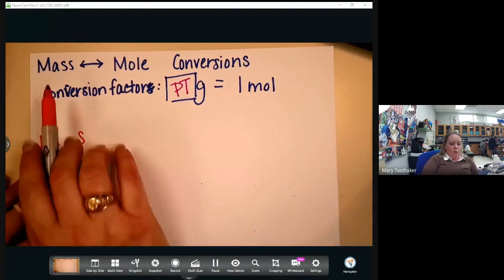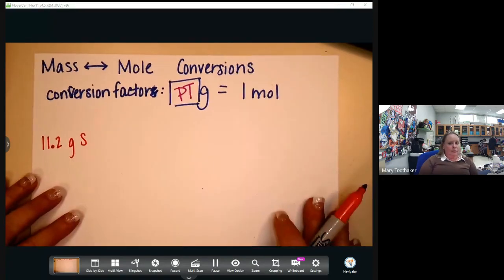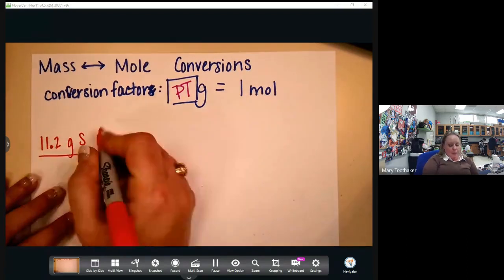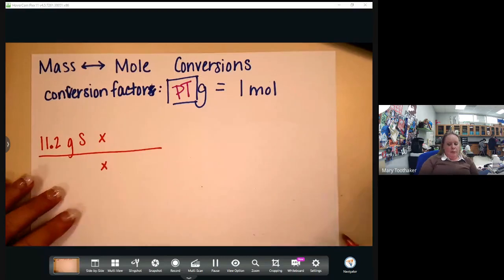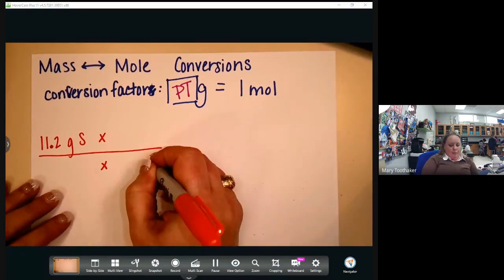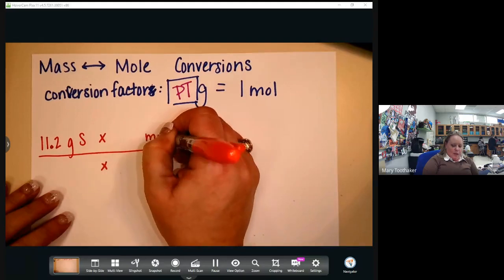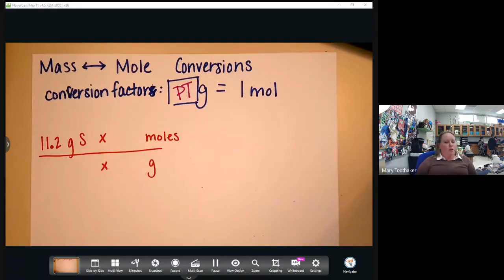So I wrote my given. I set up a box, put grams here, and I'm converting to moles, so I'm going to put moles up here. It's just like we've been doing over and over again. If you follow those steps every time, you will never get these wrong.